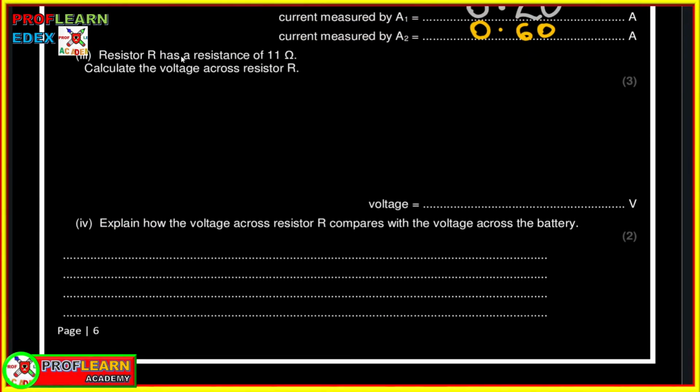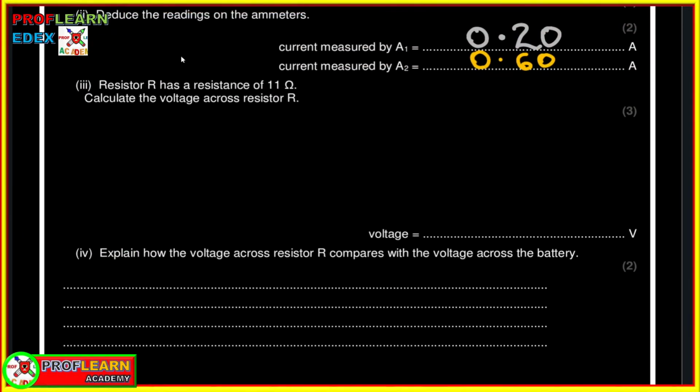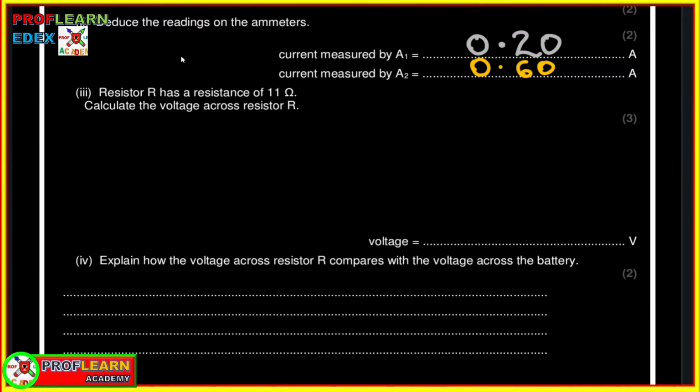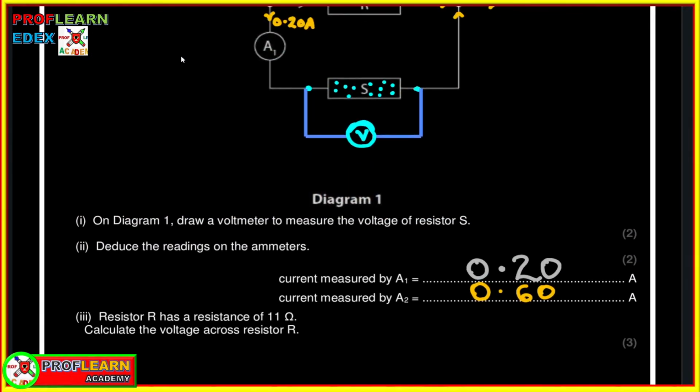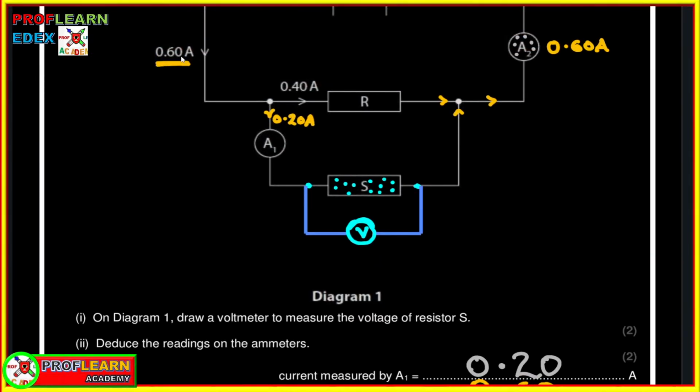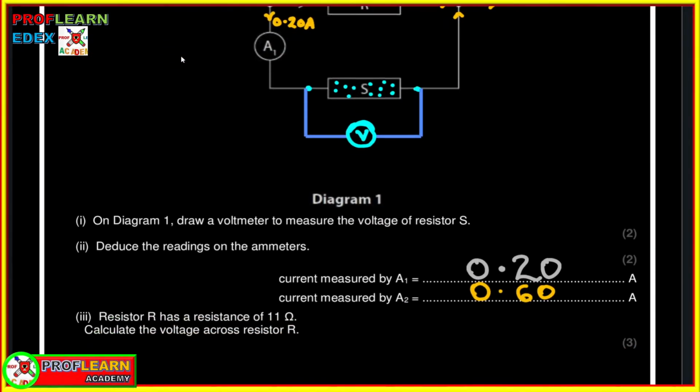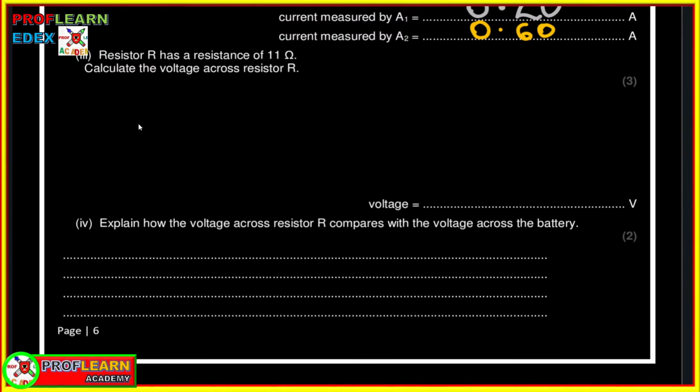All right, the next question: calculate the voltage across resistor R. Something you need to remember is the equation that connects voltage, current, and resistance: V equals current times resistance.